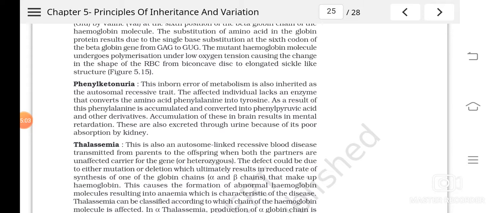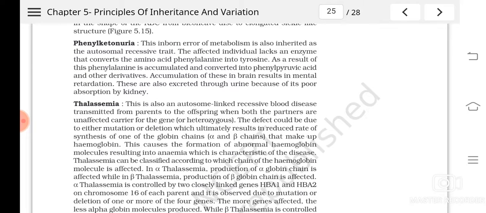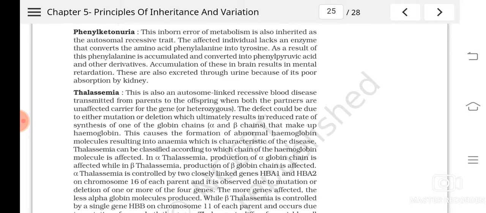Phenylalanine is converted to tyrosine by phenylalanine hydroxylase. This is the enzyme which is lacking in these persons, and due to this what happens? Mental retardation, hair growth will be less, then pigmentation problems will be there, all this will be produced in this.